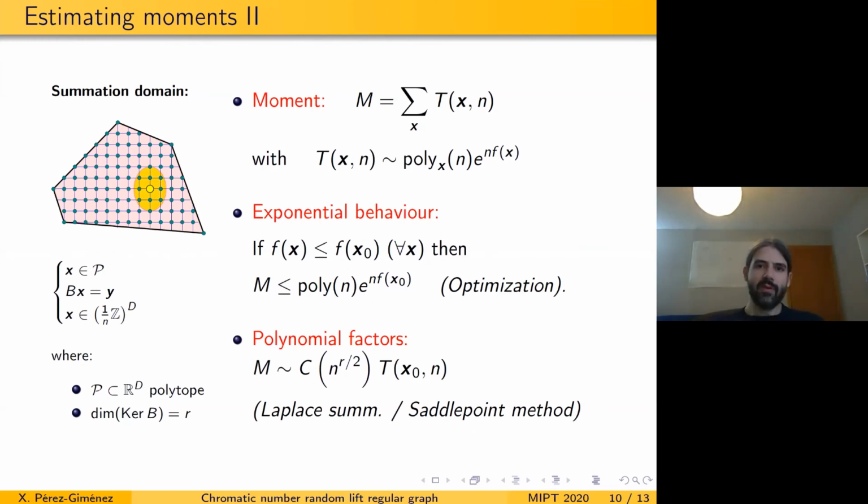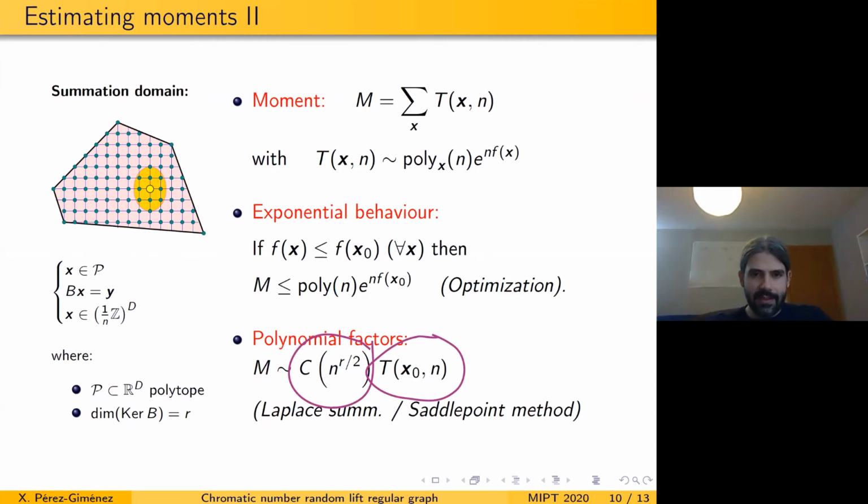But then if you want to really obtain an asymptotic expansion for these polynomial factors, there are different things that you can do. But the end of the story is that always when you have a sum like that, if you find a term that dominates exponentially and you have only polynomially many terms, you can approximate the sum by the term that gives the maximum exponential contribution times something else.